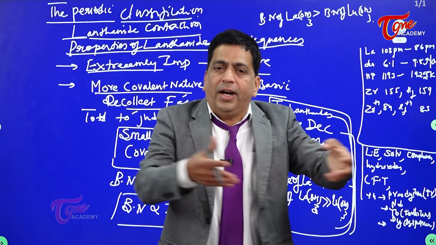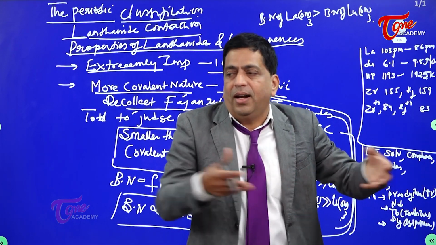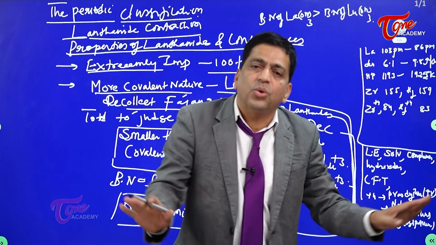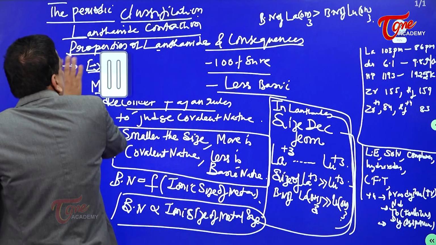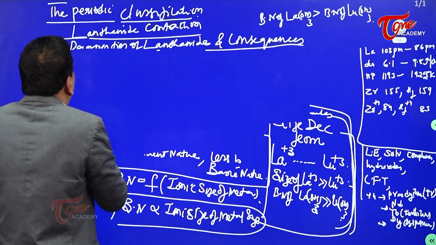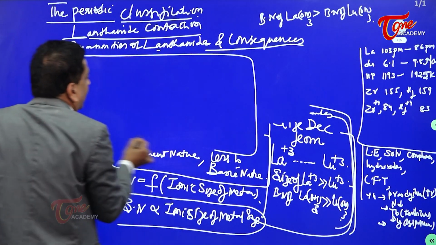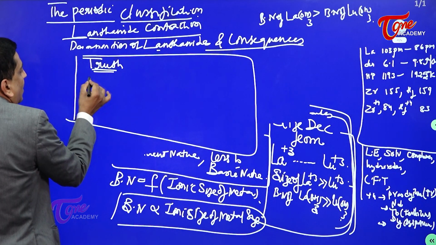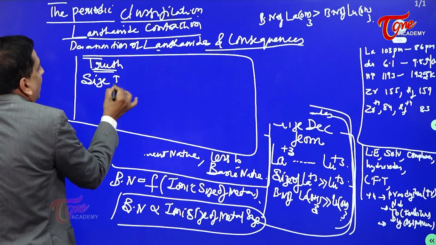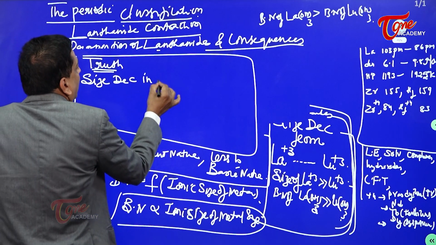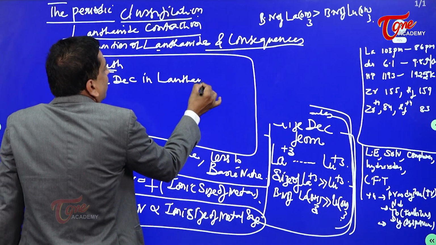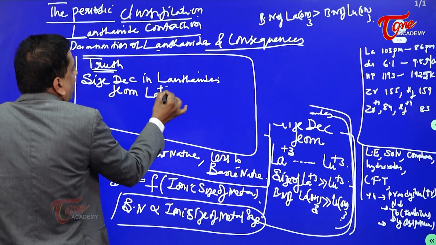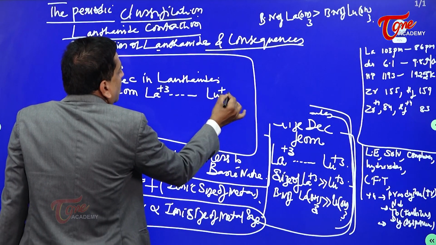So, left to right, the size decreases in lanthanides. So, basic nature of hydroxides also decreases. So, if he's asking you a question, this is the truth. Size decreases in lanthanides from lanthanum plus 3 to lutetium plus 3.